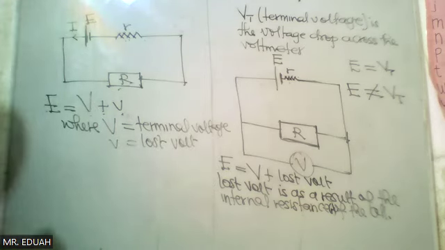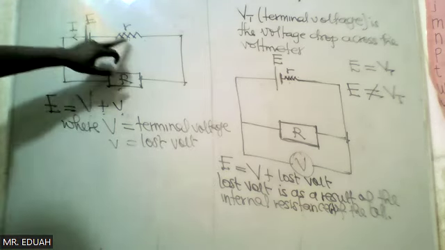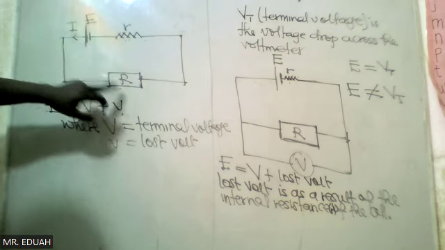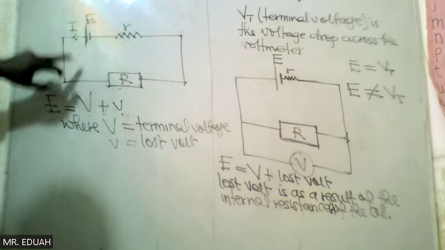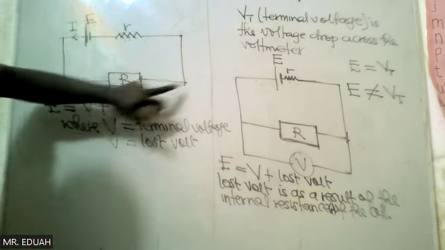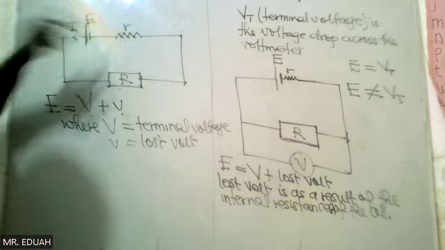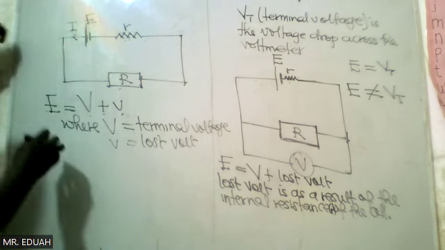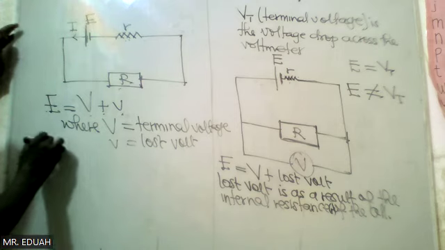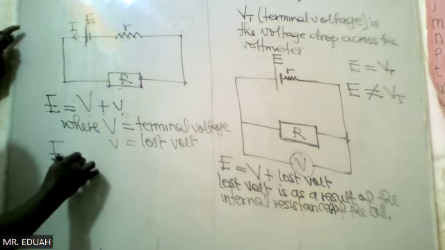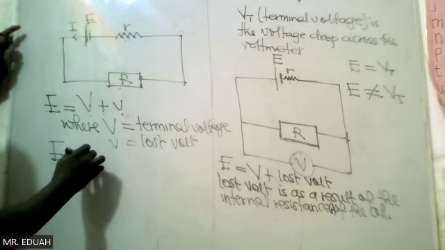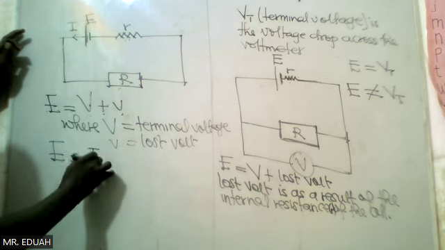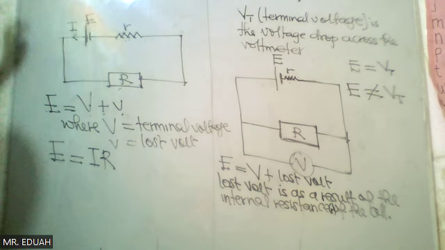If small r is in series with big R, then the same current I flows through both resistors. So we have E is equal to big V, which is equal to I times R.